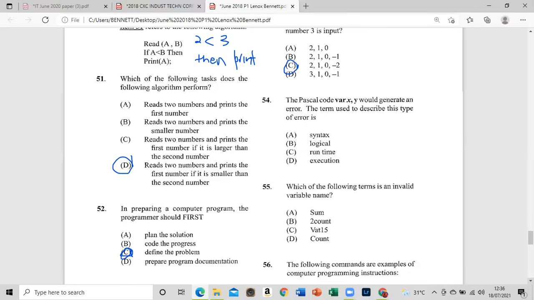All right, the Pascal code bar x, why would be generated an error? Term used to describe this type of error. Is it A, syntax? Is it B, logical? Or is it C, runtime? Or is it D, execution?